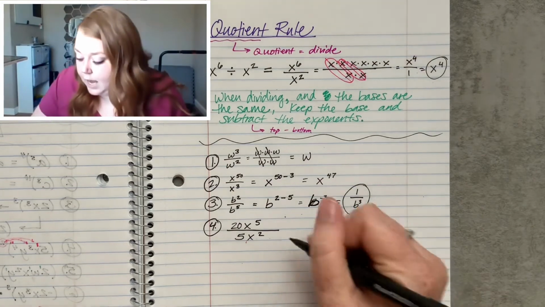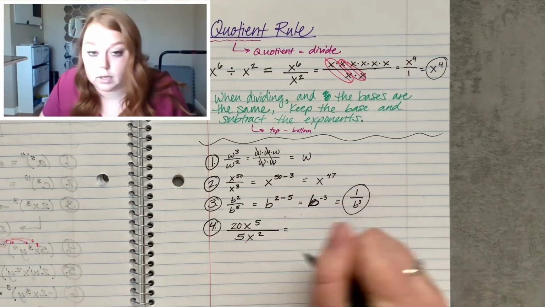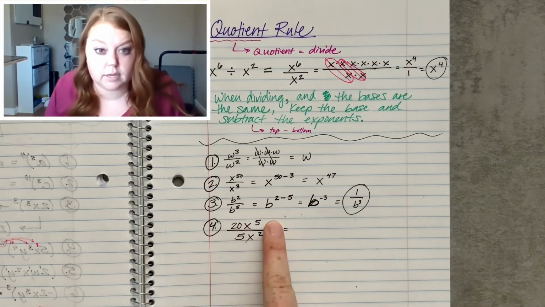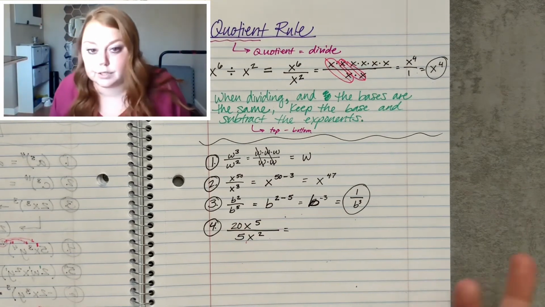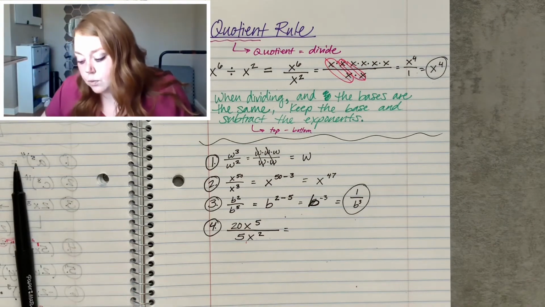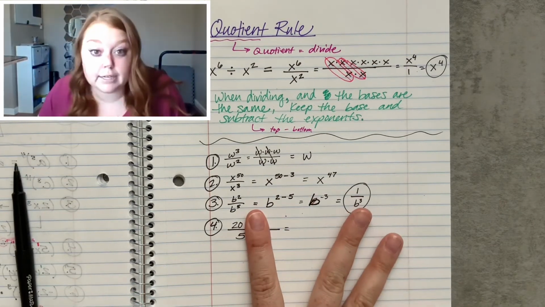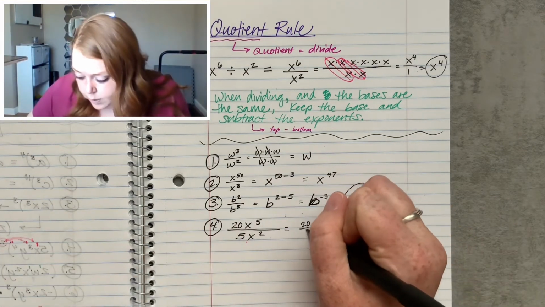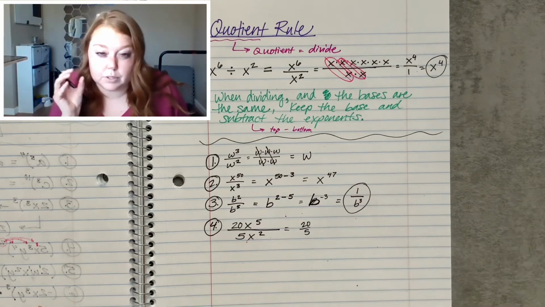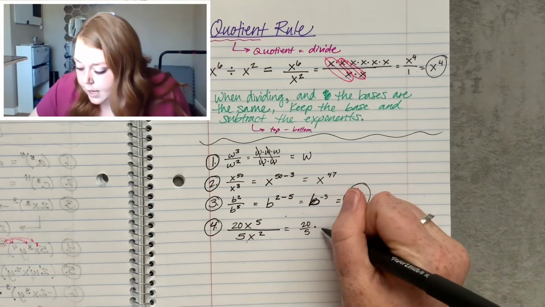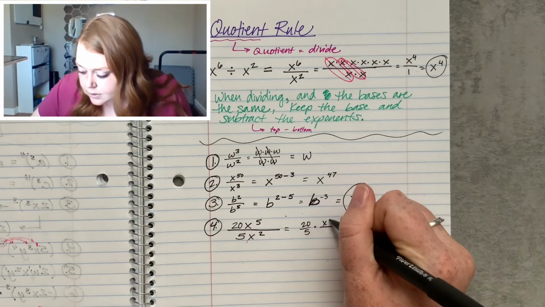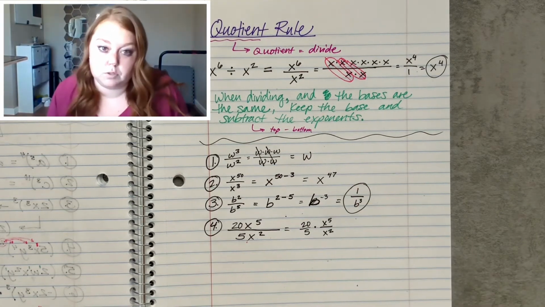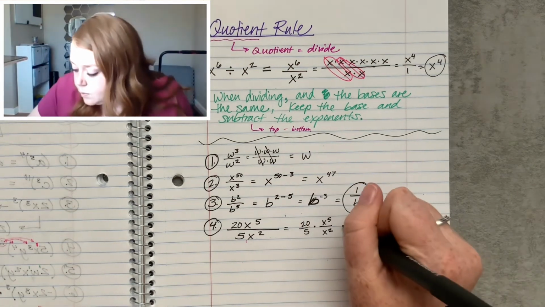I don't typically break this apart, but because this is the first one where we've seen a lot of stuff divided by a lot of stuff, I think it's good to break it apart. So the coefficients, you're dividing the coefficients. This is the same as 20 divided by 5, and then we're multiplying it by x to the 5th over x squared. You can break it apart if that helps you think of it better. And then you would simplify this down.